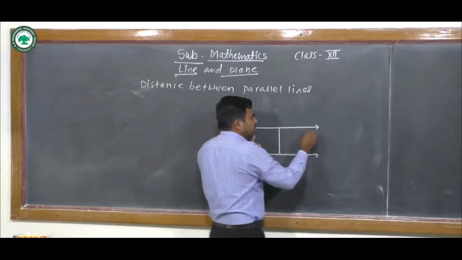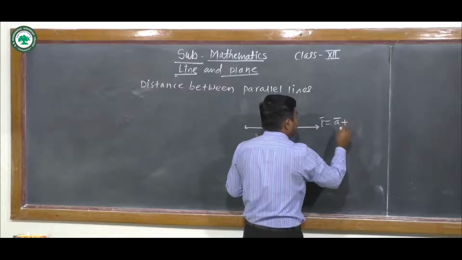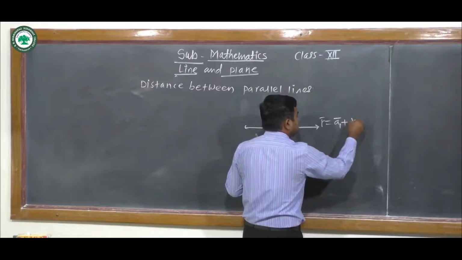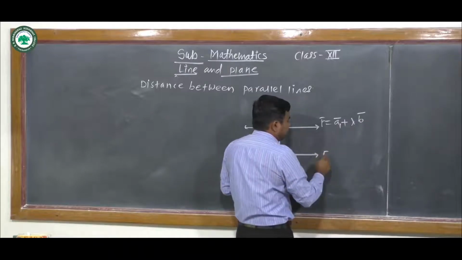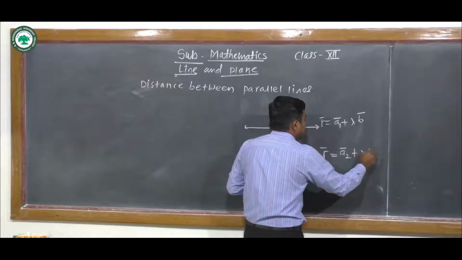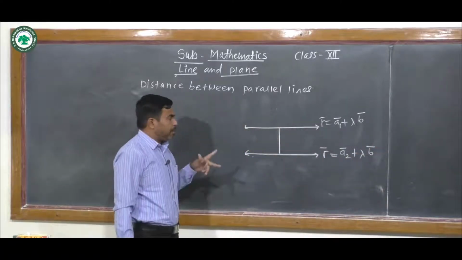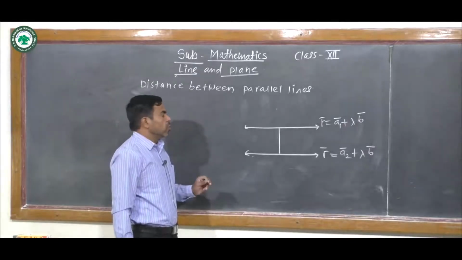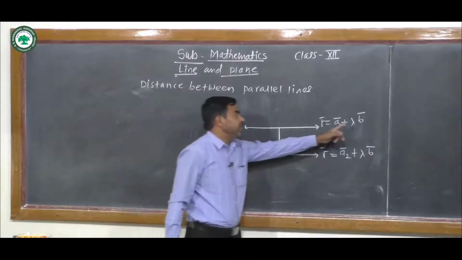If the equation of this line is R bar is equal to A1 bar plus lambda into B bar, and the equation of this line is R bar is equal to A2 bar plus lambda into B bar. Now as these two lines are parallel to each other, the vector which is parallel to these two lines is the same, that is B bar.